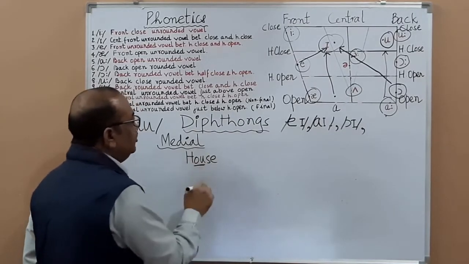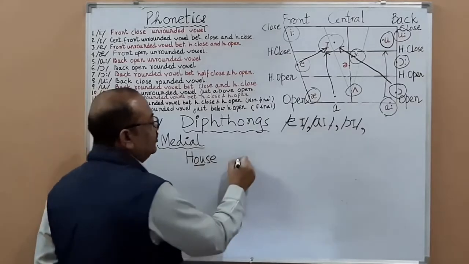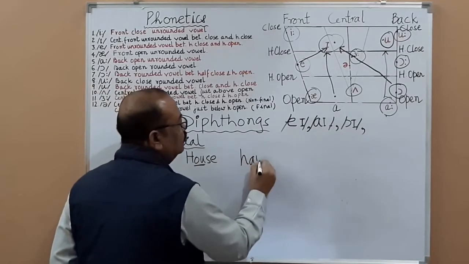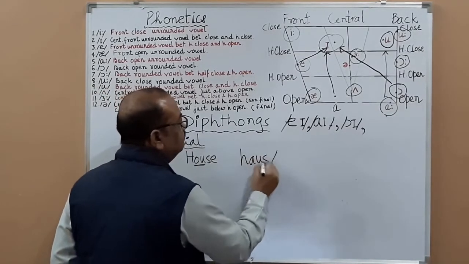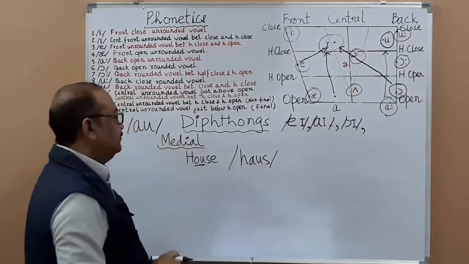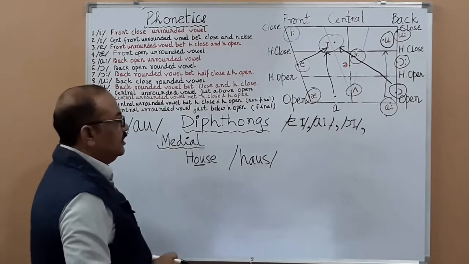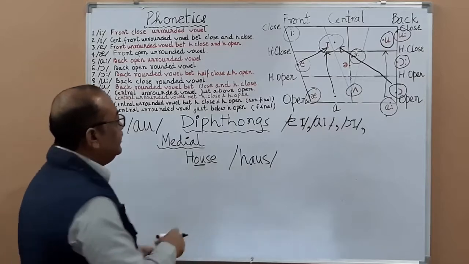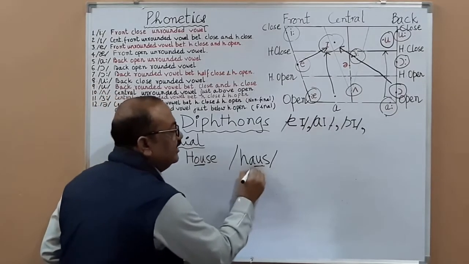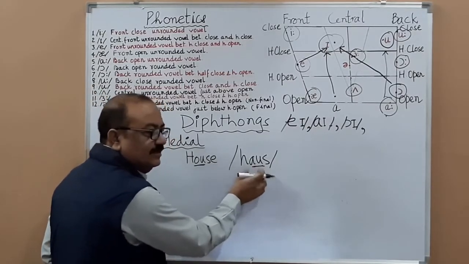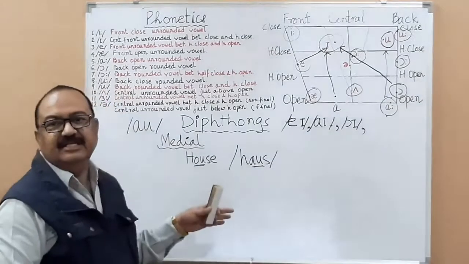Okay, this is a diphthong. This is house. House. Okay, house. So this is occurring medially, in the center. That's why we say that this is a medial occurrence.